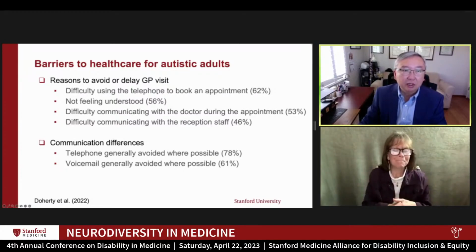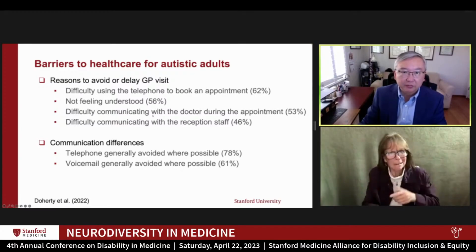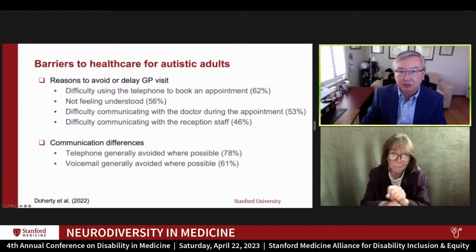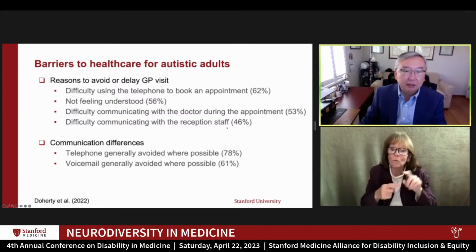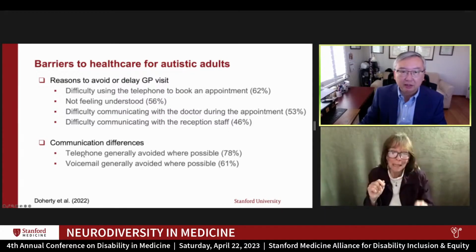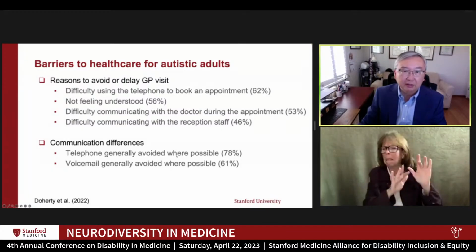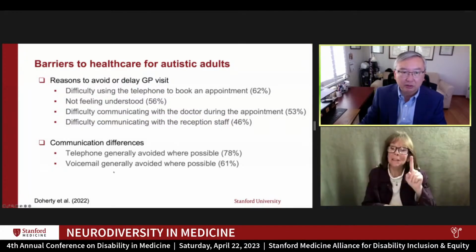Also, 53% have difficulty communicating with the doctor during the appointment, even higher than difficulty communicating with the reception staff. Then there is the category of communication differences: 78% say telephone is generally avoided, and 61% say voicemail is generally avoided.